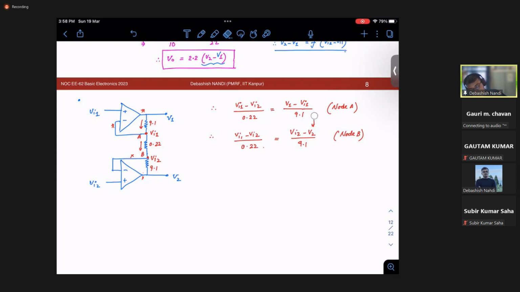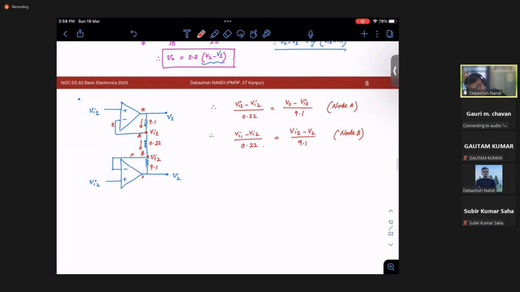If I add these two, this becomes 0.11 times Vi1 minus Vi2 over, okay, this already is taken care of, will be V1 minus V2 over 9.1, and this will be simply, if you add this, Vi2 minus Vi1 over 9.1.